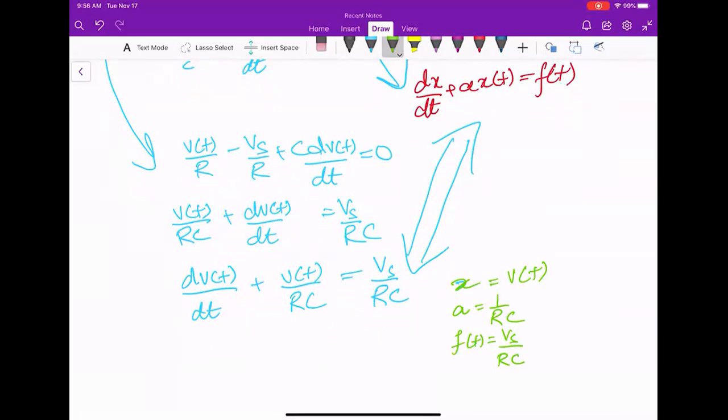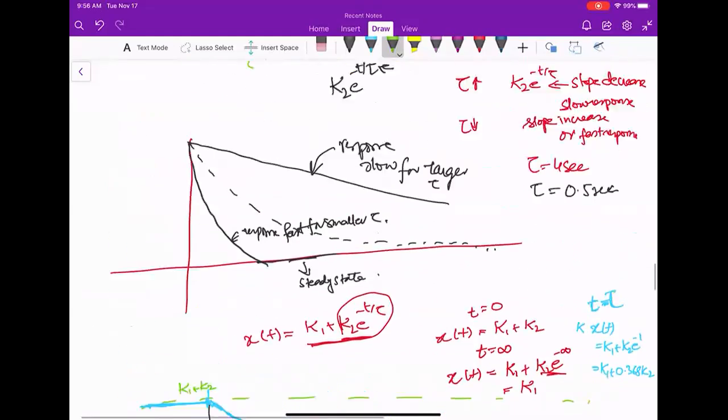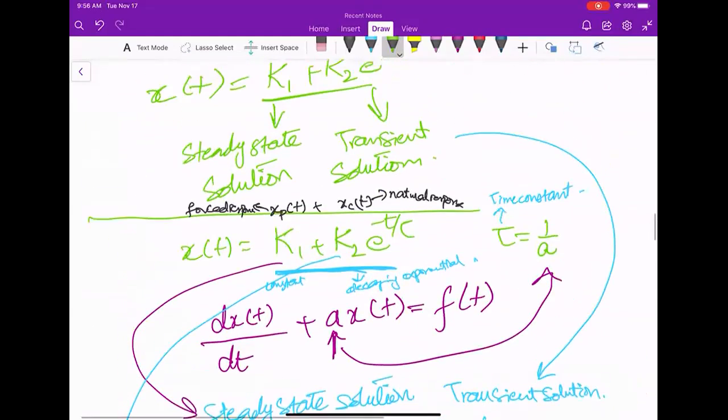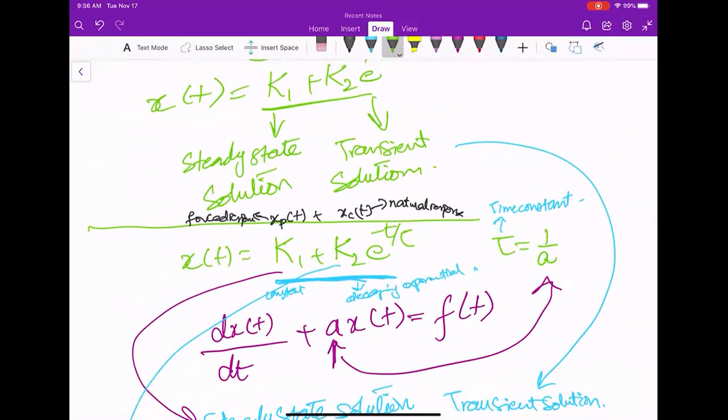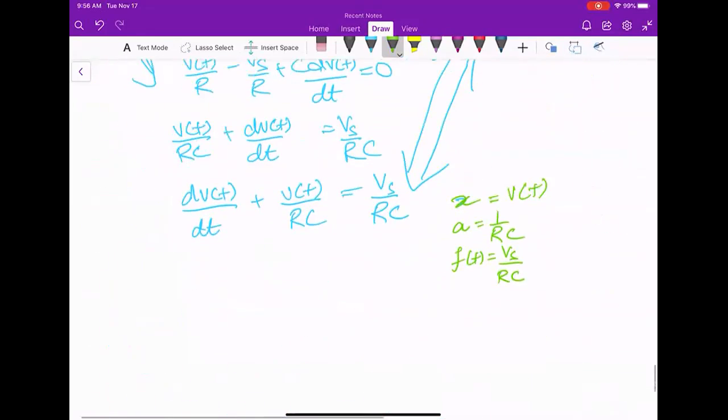And as we know before, a is 1 over tau. So a is equal to 1 over tau, or tau is equal to 1 over a, which makes tau equal to RC.